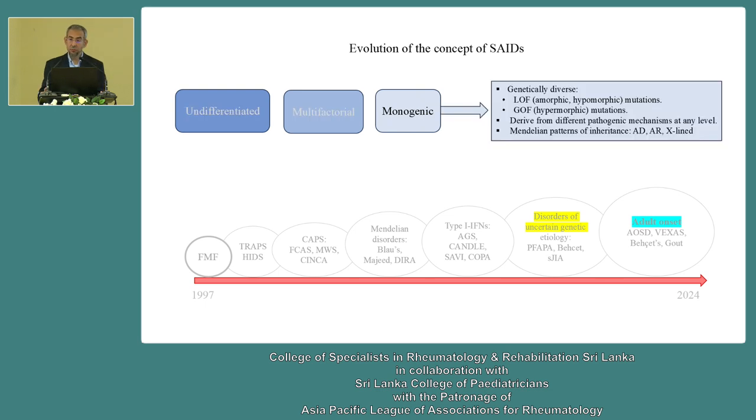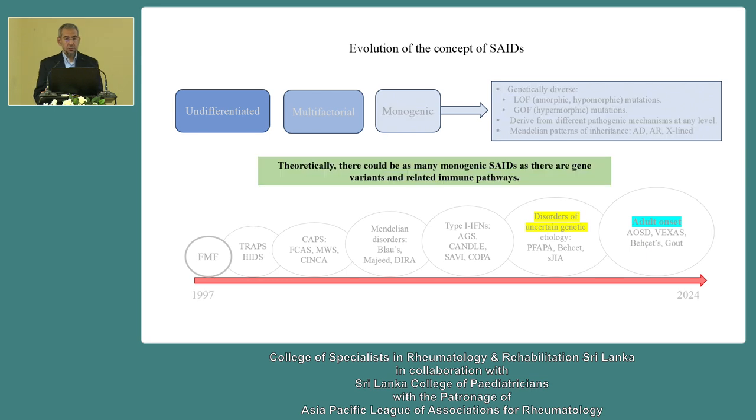The monogenic systemic autoinflammatory diseases are genetically diverse. It can be due to loss of function of the variant, and it can be complete, like amorphic, or partial, hypomorphic mutation. It can be gain of function. It can be a Mendelian pattern of inheritance, either autosomal dominant, autosomal recessive, or even X-linked inheritance.